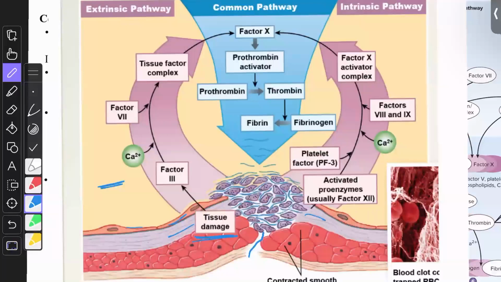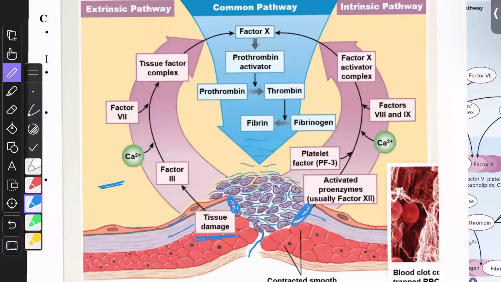Okay, so this collagen that got exposed when that tissue damage was done, that's the second trigger. Okay, so 2 separate triggers that are working here. Okay, they're working simultaneously, right? This is one of those processes where I'm giving it to you in steps, but it's all happening at the same time. So it makes your brain hurt a little bit.